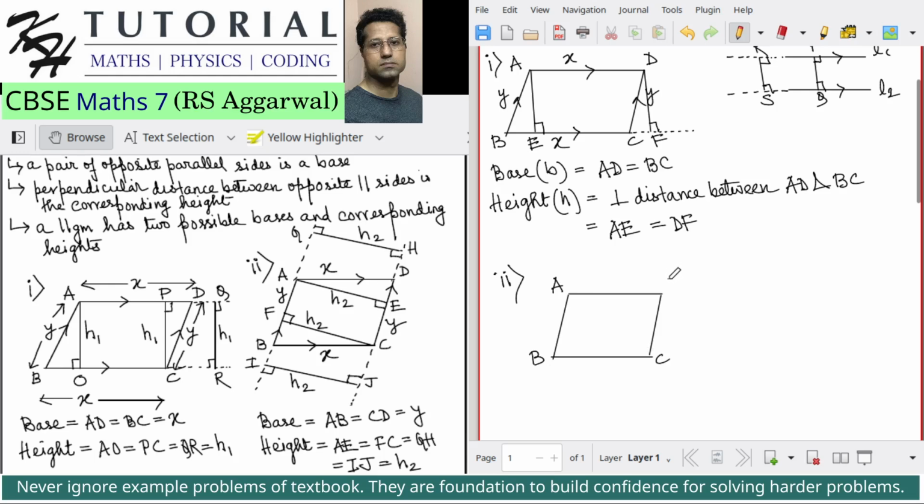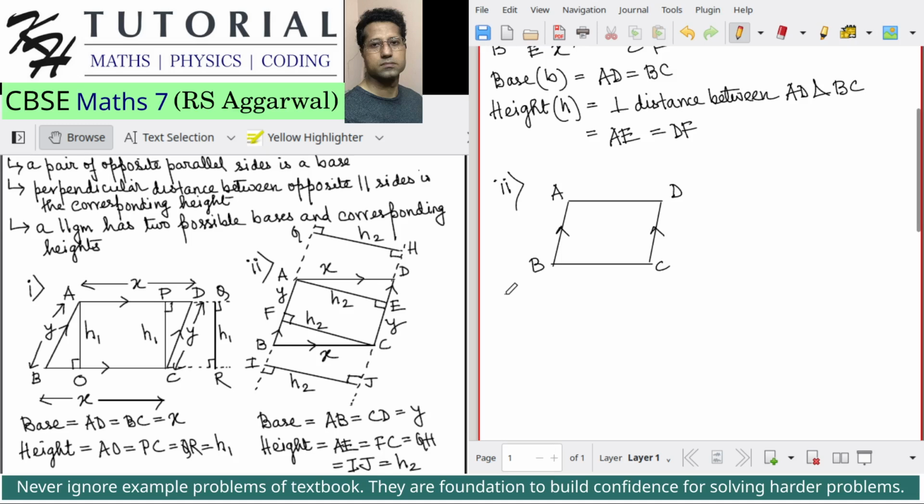Now I am considering the opposite parallel sides AB and DC as the base. So now the base B is equal to AB or DC. I am considering the other pair of opposite parallel sides AB and DC as the base.